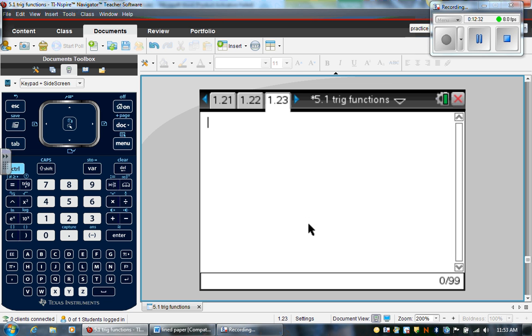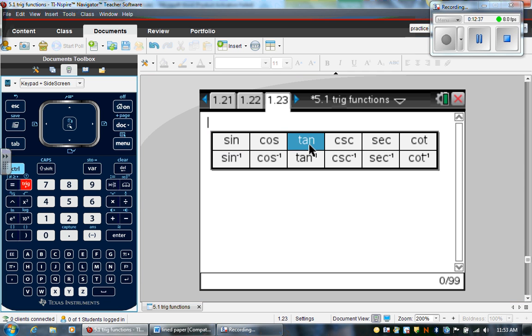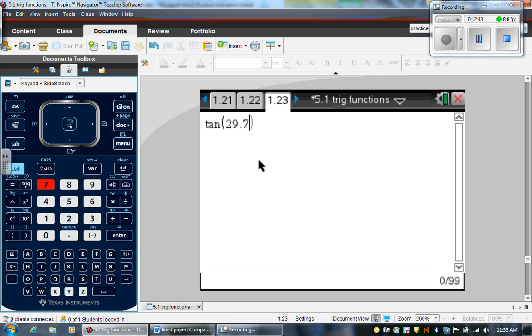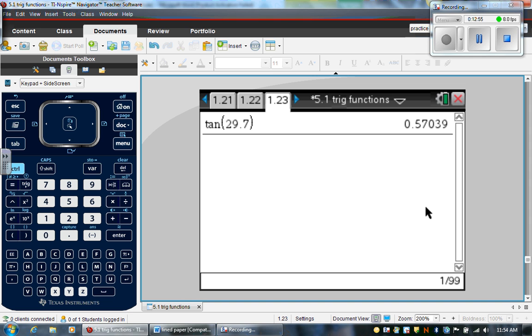So again, the first one we're going to look at is tangent of 29.7. You're going to go to your trig key, choose tangent, and 29.7. I'm going to type that right in, and since I already am in degrees, it should be just fine. You can check by hovering up here. Notice it says DEG. We're going to hit enter, and we get 0.57039.